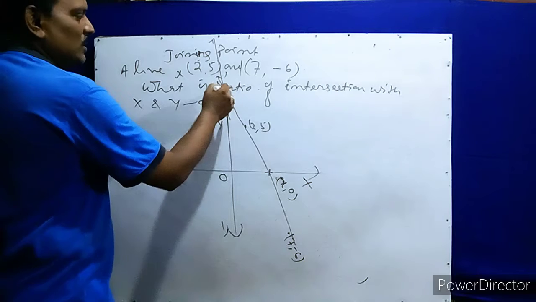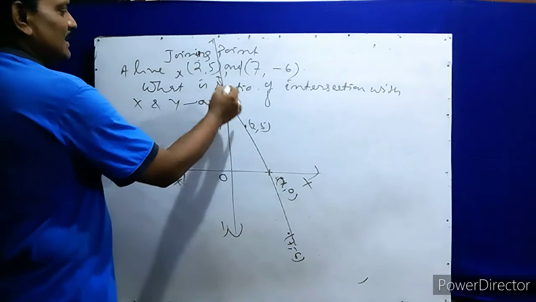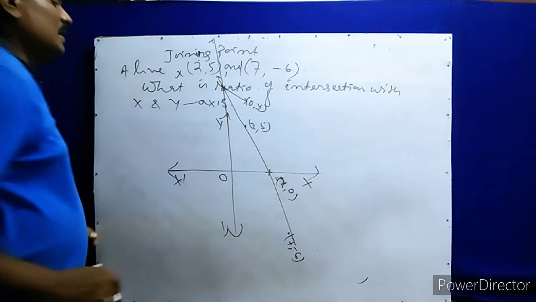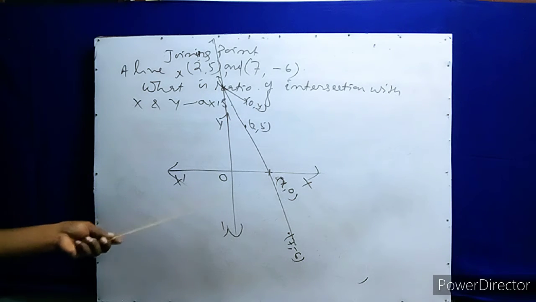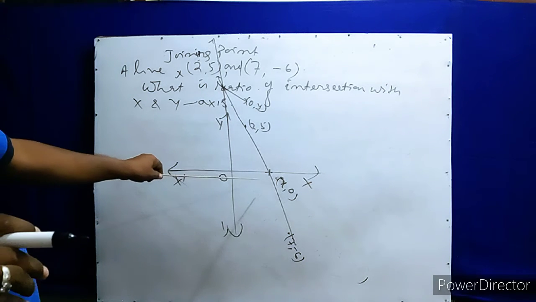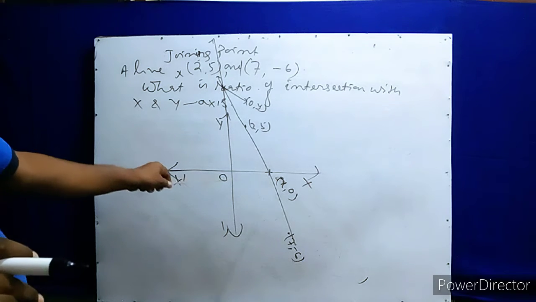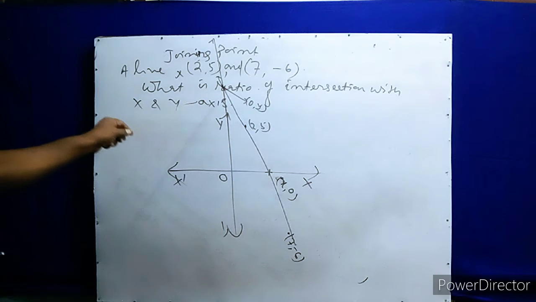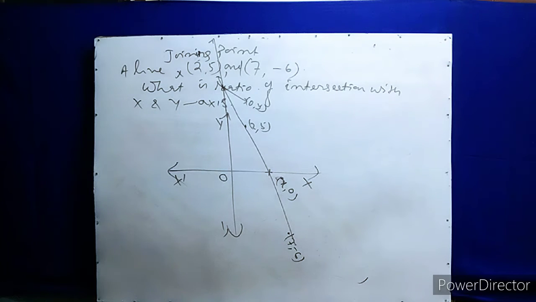Suppose the point where the line intersects the y axis is 0, y. So write: let the point x0 be where the line intersects the x axis, and the point 0, y be where the line intersects the y axis.